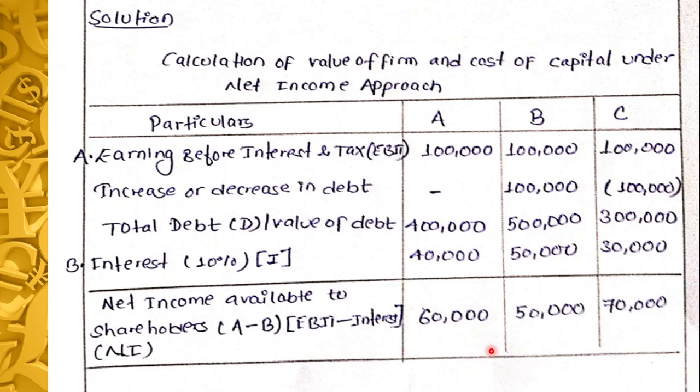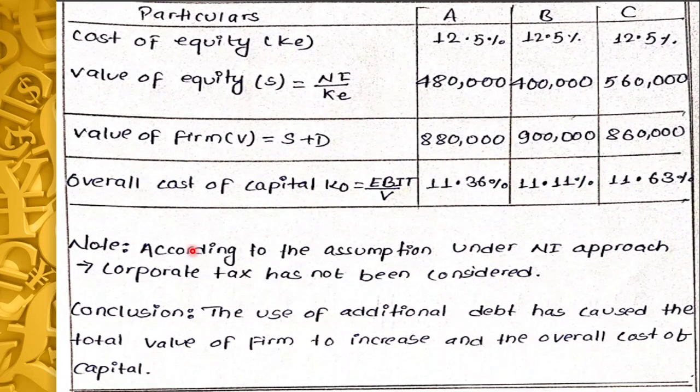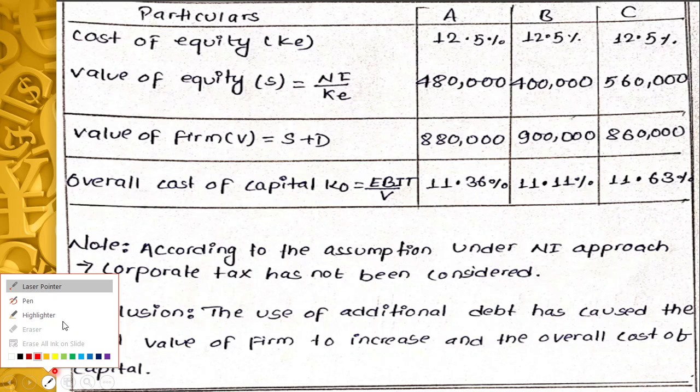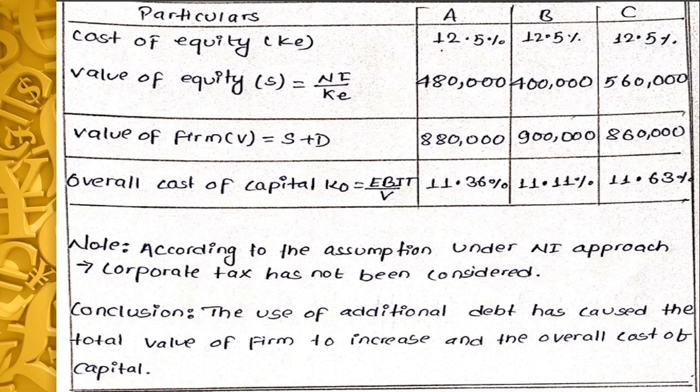Now that you know the net income available, we can calculate the total value of equity shares. They have given the cost of equity as 12.5%. We take 12.5 divided by 100, which is 0.125.